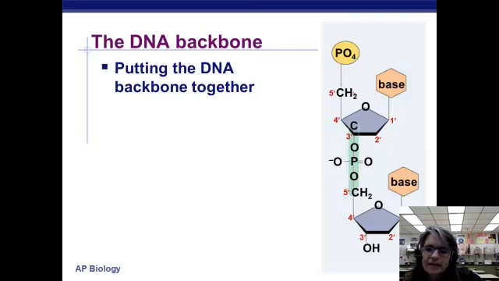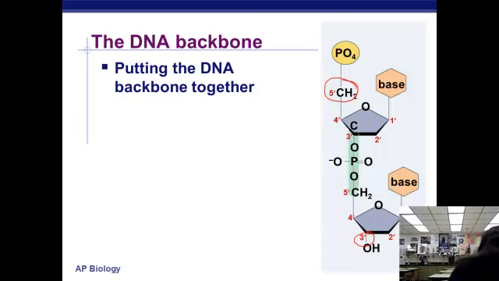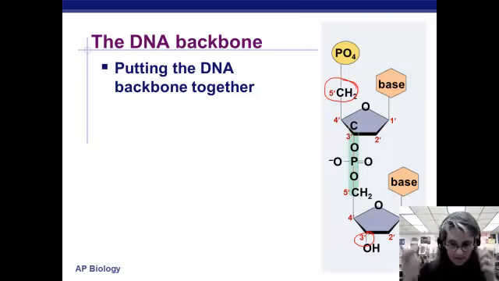If we connect them, this end might be 5', this end might be 3', but these DNA molecules are put together when you've got your double helix. They are put together like this.